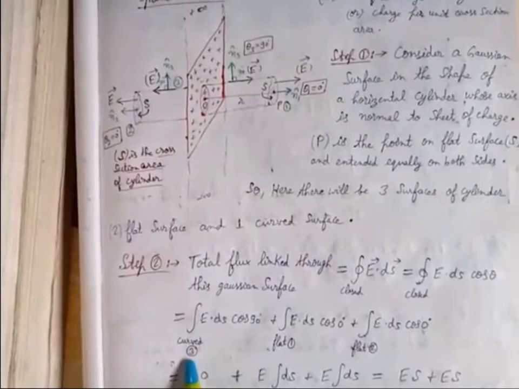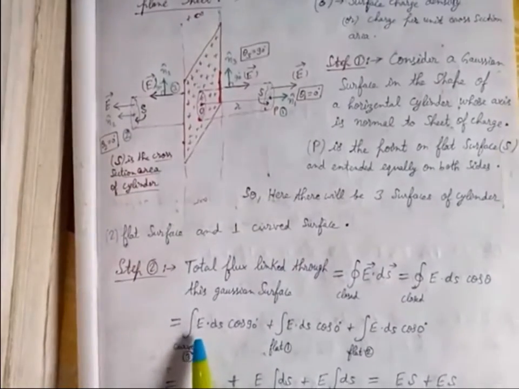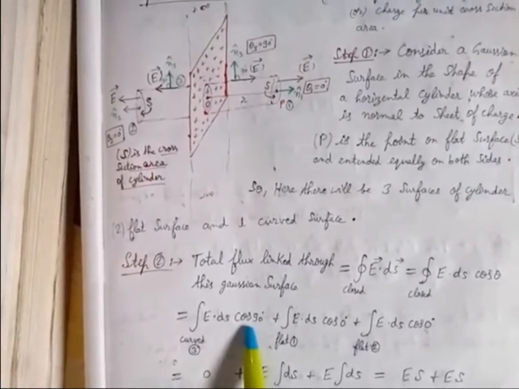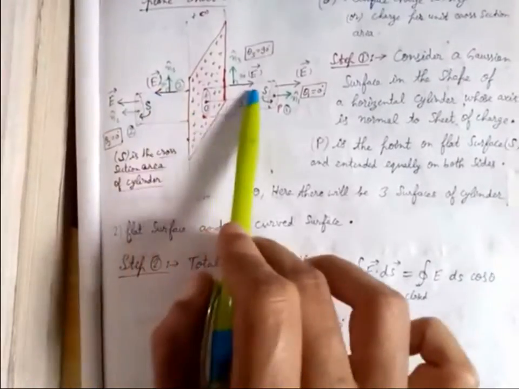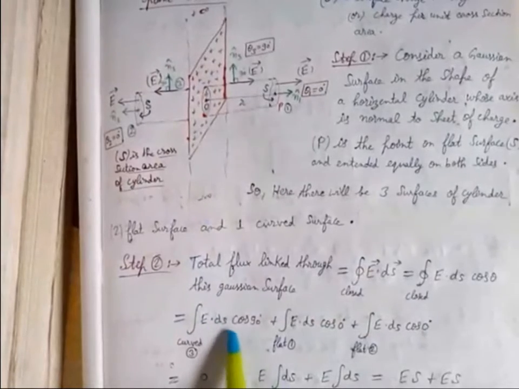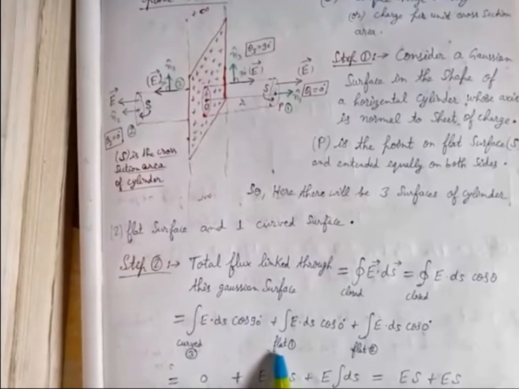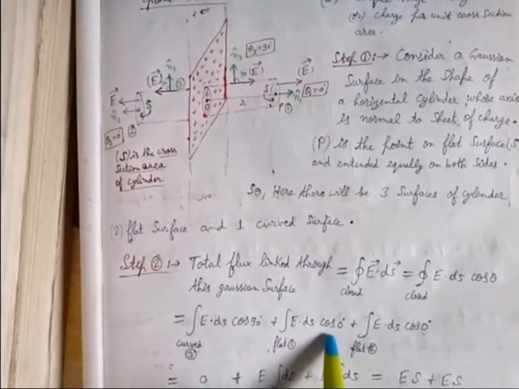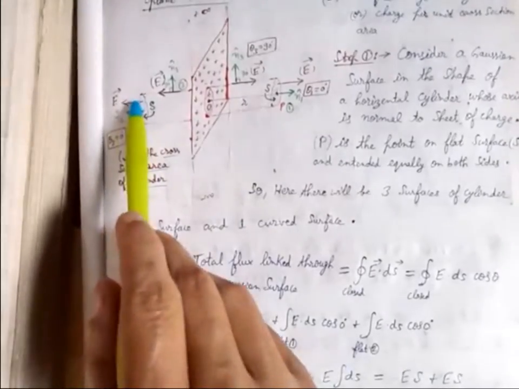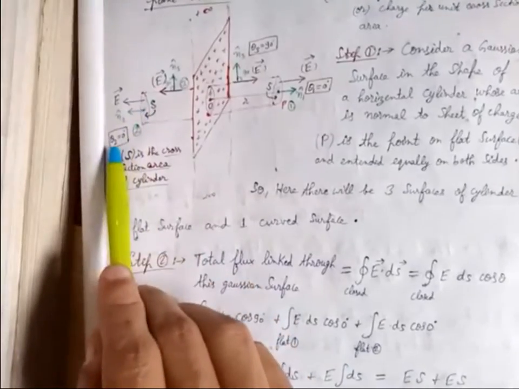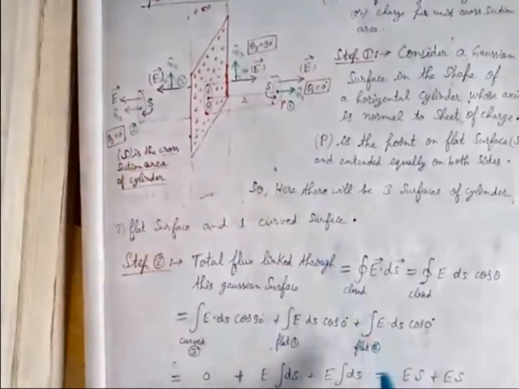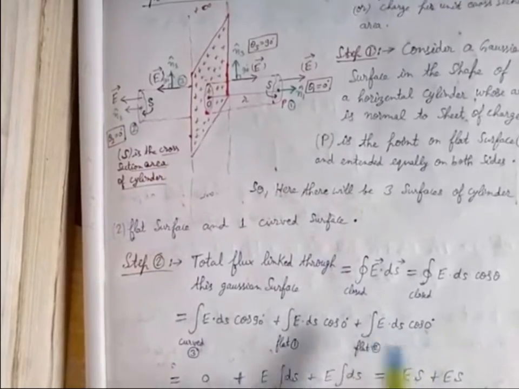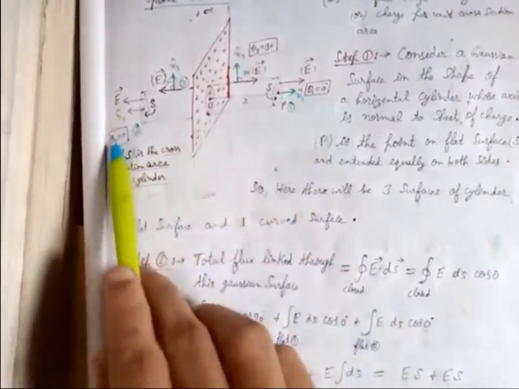For curved surface 3, the angle between the electric field and area vector is 90 degrees as shown in the figure, so E ds cos 90. In the same way, for flat surface 1, it is E ds cos 0. The angle between the electric field vector and area vector is 0 degrees, and for flat surface 2 the angle is also 0 degrees.